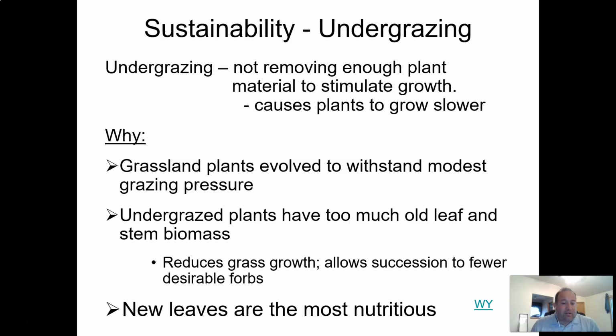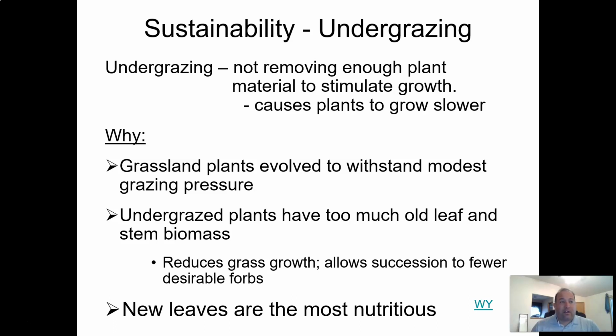So grasslands have evolved to withstand modest grazing pressure. They're made to handle it. They're okay with it. The grasslands themselves have found their niche, and they're okay with grazing pressure. And so if you have these undergrazed plants that have too much old leaf and stem biomass, they're not photosynthesizing at a high rate the way that younger leaves would.